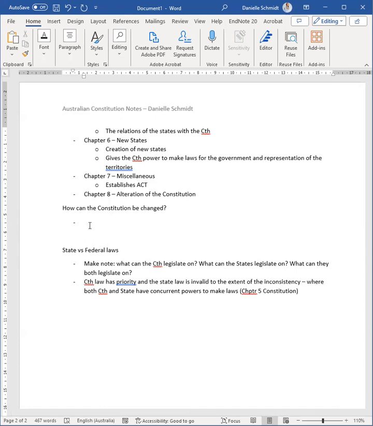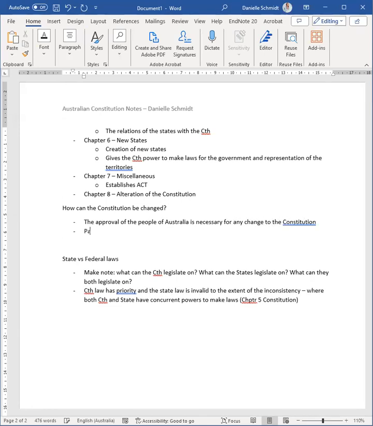So we've seen over the years there have been several attempts to change the Constitution, but the approval of the people of Australia is necessary for any change to the Constitution. Parliament can propose a change, but not push it through themselves. And that's just the same as the approval of the people of Australia was required in the process of creating the Constitution in the first place.